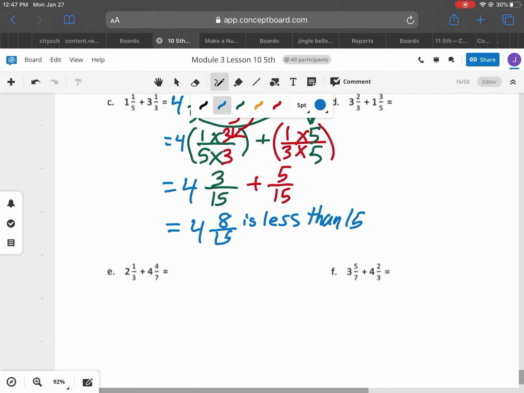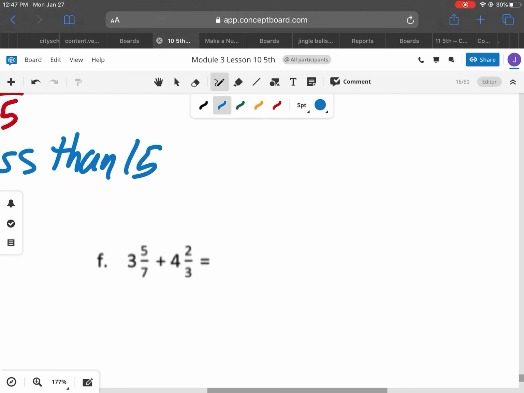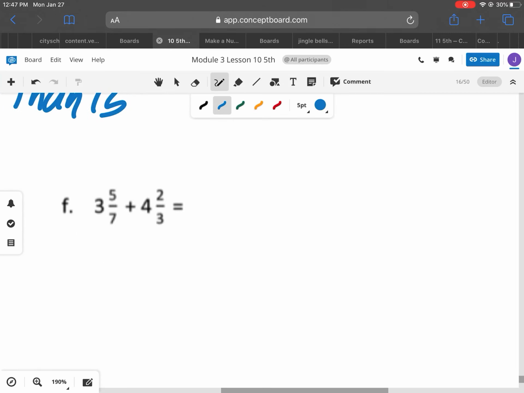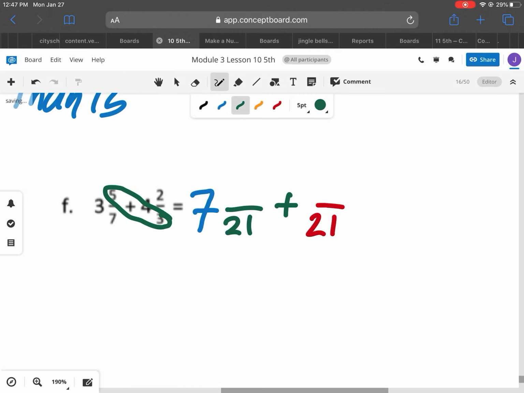All right. Now let me go over to F. We have a little more complicated because we're getting our numbers bigger. There's a 7. Some of you can already guess that it's going to be 21. Let me skip a step. Now, again, the butterfly effect will help you here. So 5 times 3 is 15. 7 times 2 is 14.